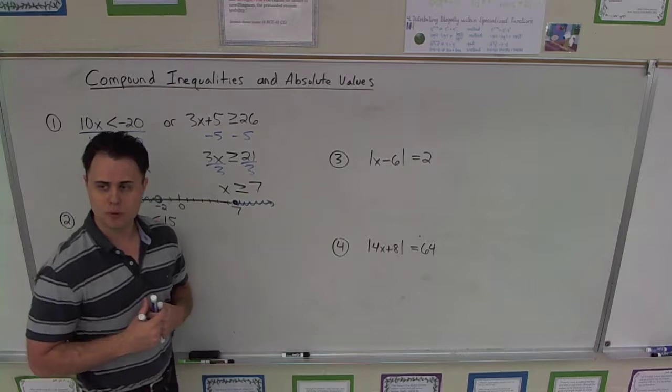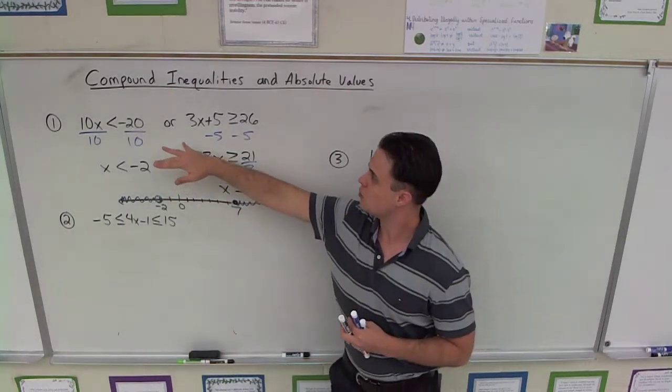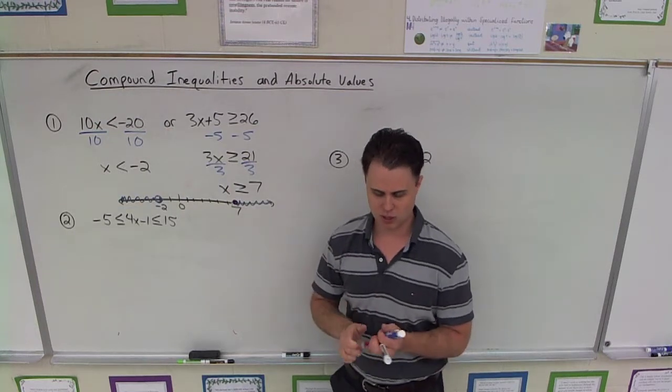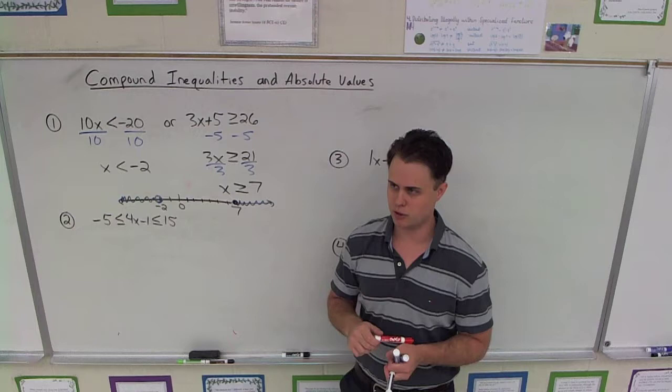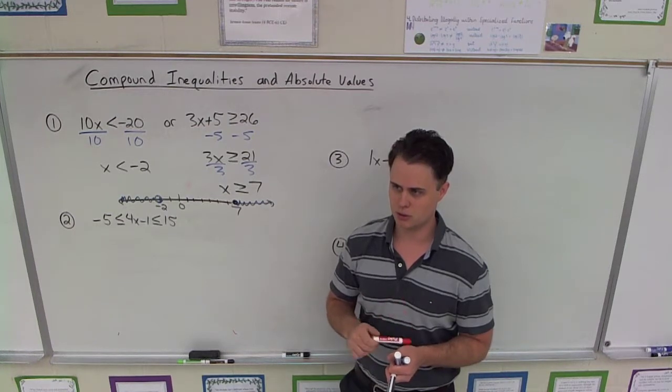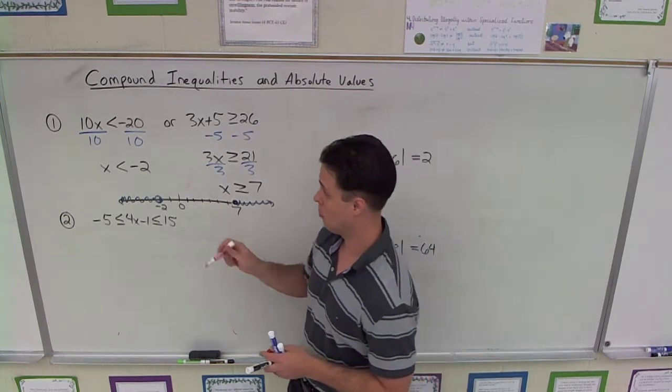What is the symbol that unites these two inequalities? Well, the word is or. I think that sometimes you'll see that as a symbol. Does anybody know the symbol? A couple of us should know it from Algebra 1 if we did Algebra 1 last year. What does or look like? Nobody remembers? Really?